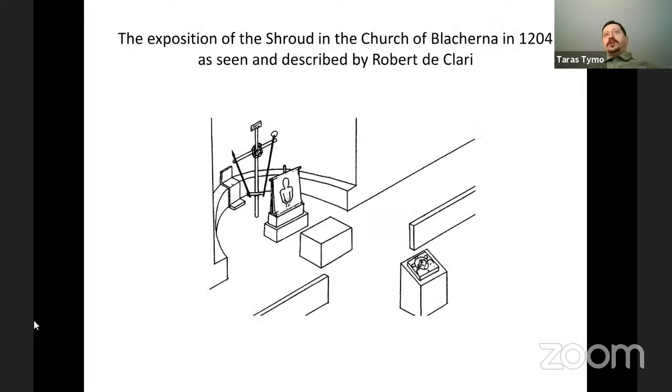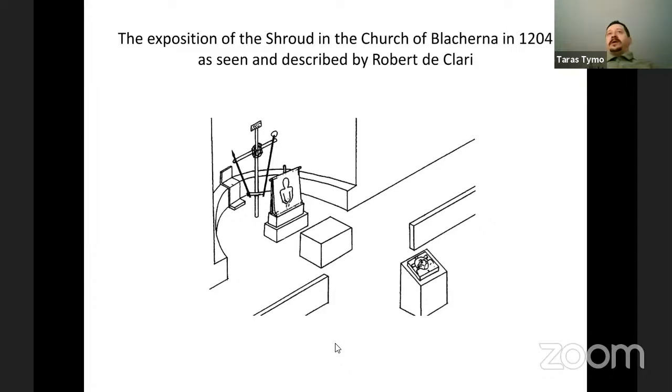And we have some literary descriptions of how this exposition looked. So here we have the entrance to the altar. That's the altar. And behind the altar, there was placed, vertically, the shroud and the cross with the spear and the sponge behind it.